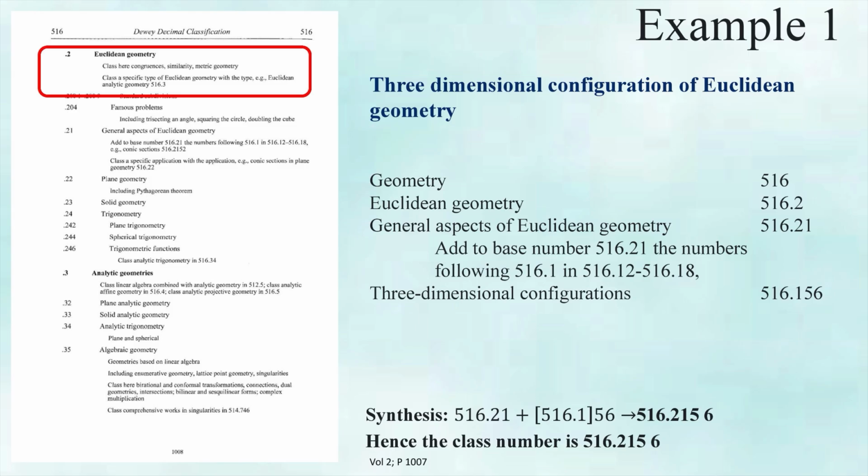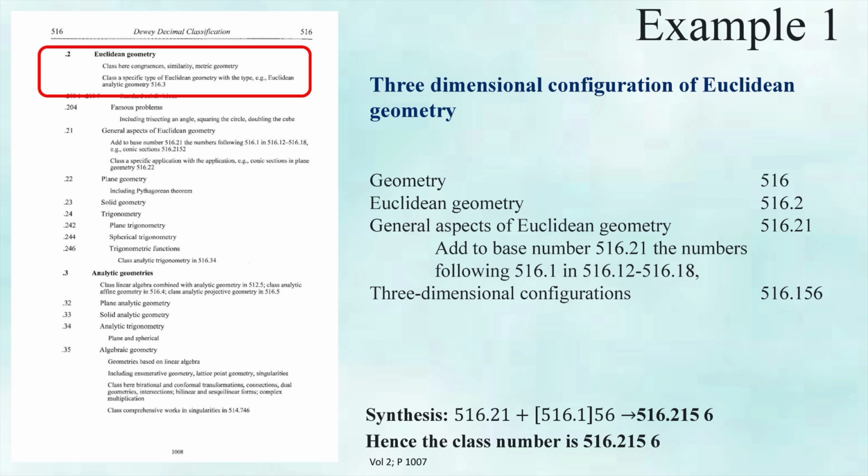There is the facet geometry, and the narrower one is Euclidean geometry. Euclid was an ancient mathematician who propounded several theorems of geometry, so there is a branch of study named after him, Euclidean geometry.